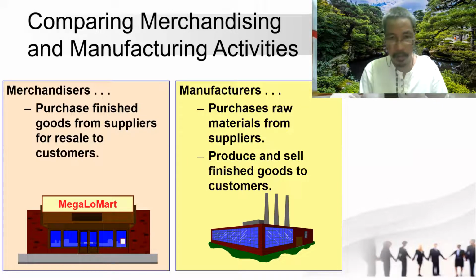While manufacturers, we purchase raw materials from the supplier. So the raw materials are entirely different in form than the product itself. While merchandisers, almost the same. Maybe only the packaging and labeling and some accessories, but almost the same. Manufacturers produce and sell finished goods to customers.